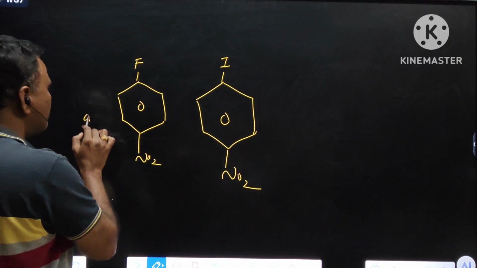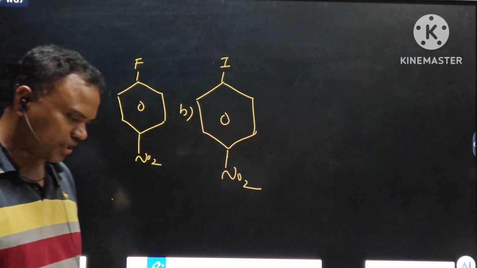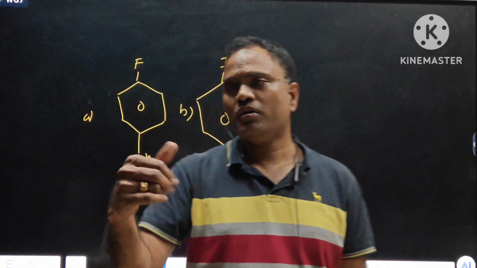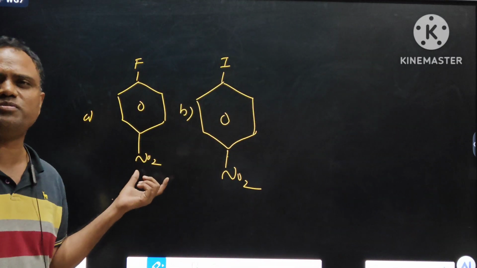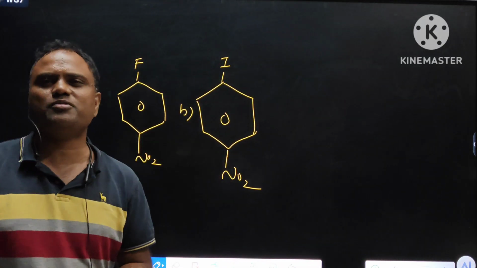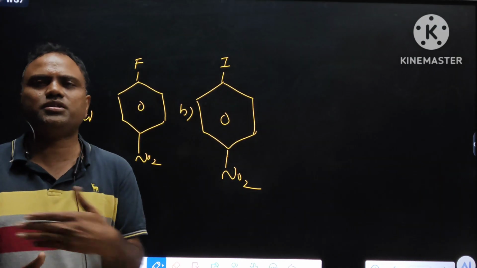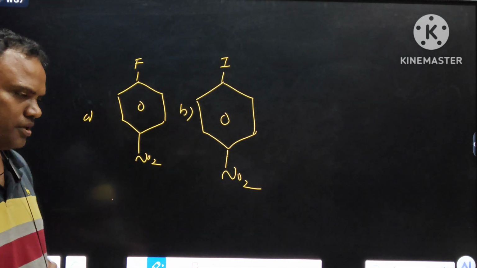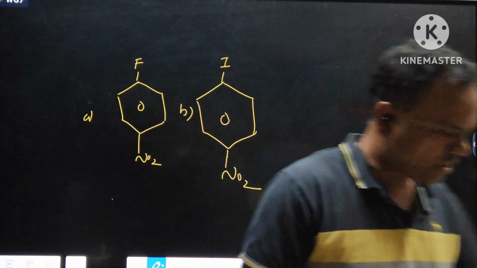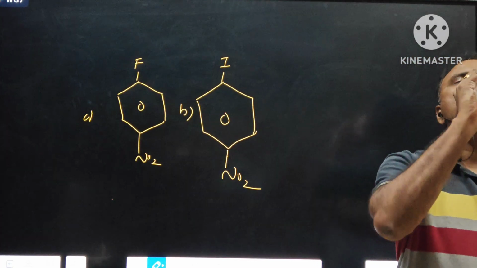A and B, give the answer. Both are satisfying the condition, right? Minus M group is present in the para position. So both can, but which readily participates? Speed, rate is more for which? A or B? Think, try whether it is correct or wrong. Give the answer.